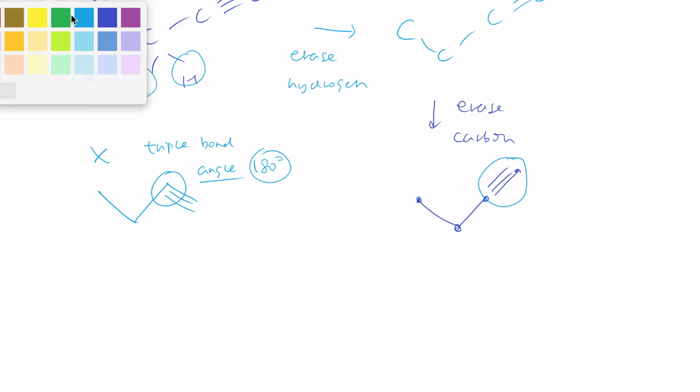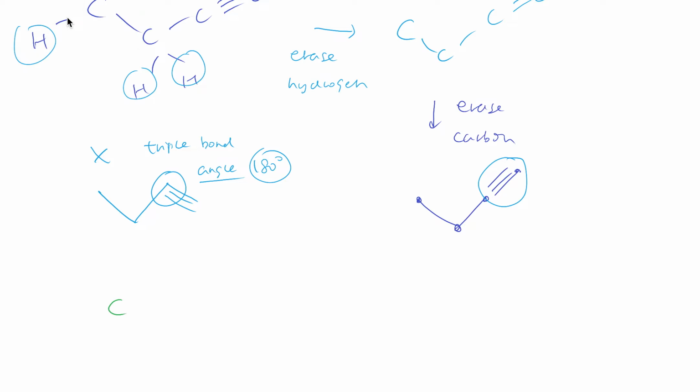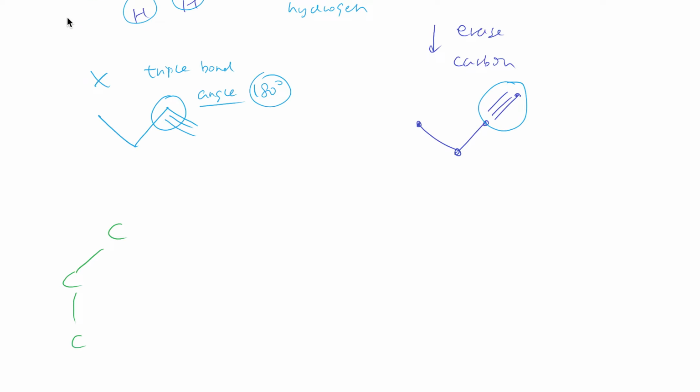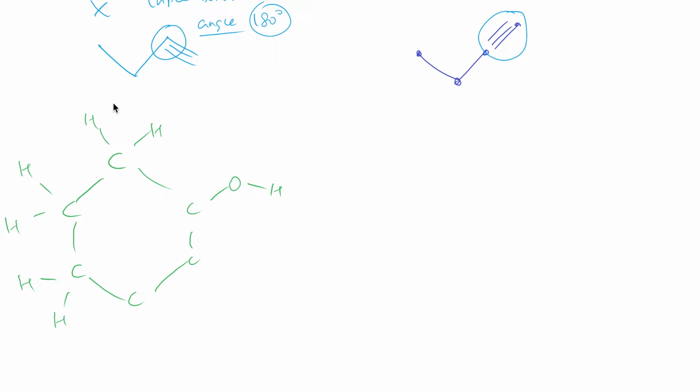Now let's draw the next one. So you have a cyclohexane ring with an alcohol group.